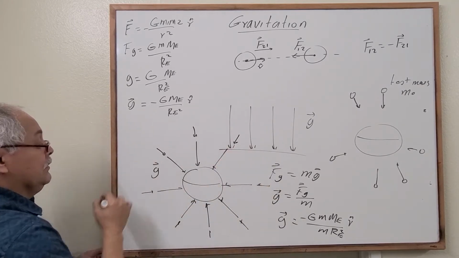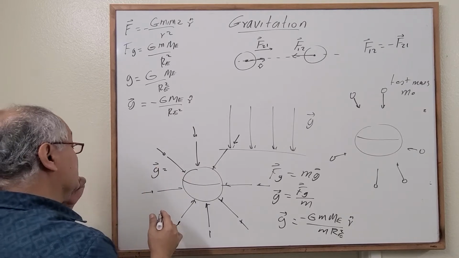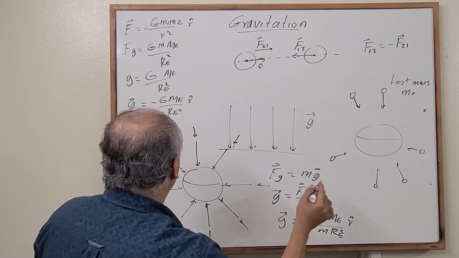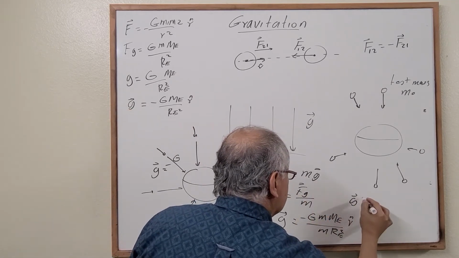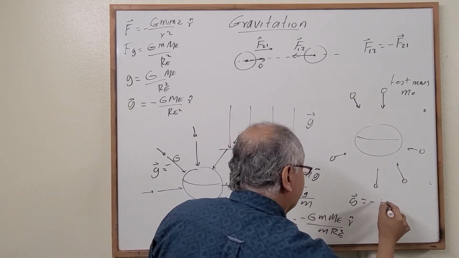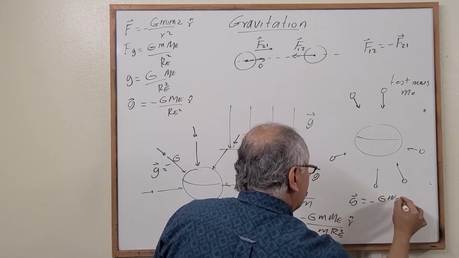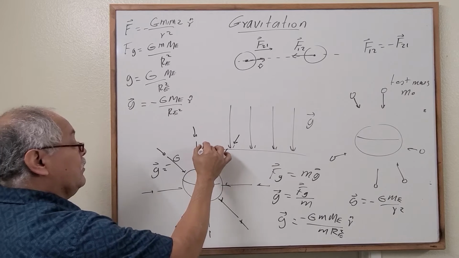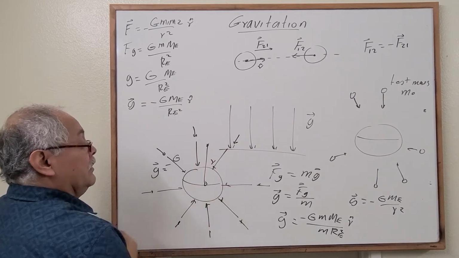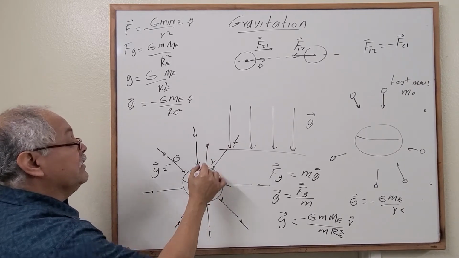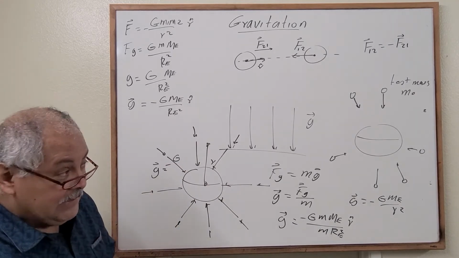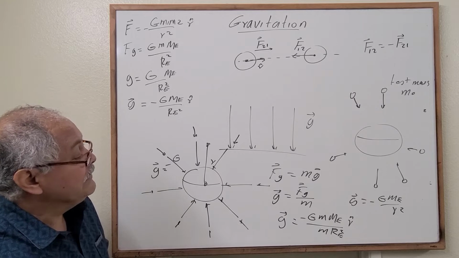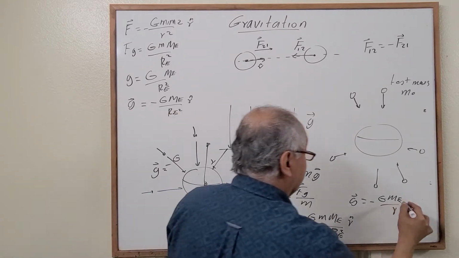G is equal to negative G, mass of the Earth divided by r squared. For any particle right here, r is the distance from the center of the Earth to that position. Perfect. Of course, in this direction.